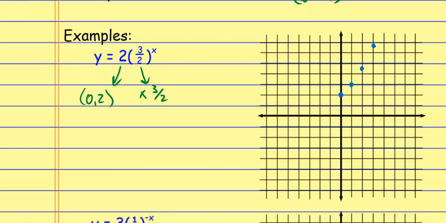Going back the other way, we would have to do the opposite. We would have to divide, so it would come down to about 1.33 if I divided by 1.5 on my calculator, and then 0.88. And I could keep going, all right? But from here, we just know that this thing is going to get closer and closer to the x-axis, okay?